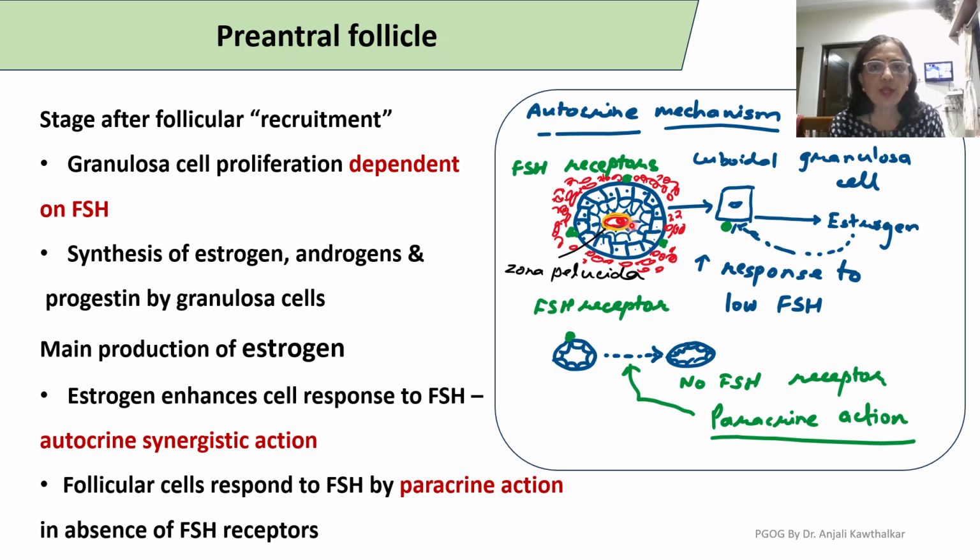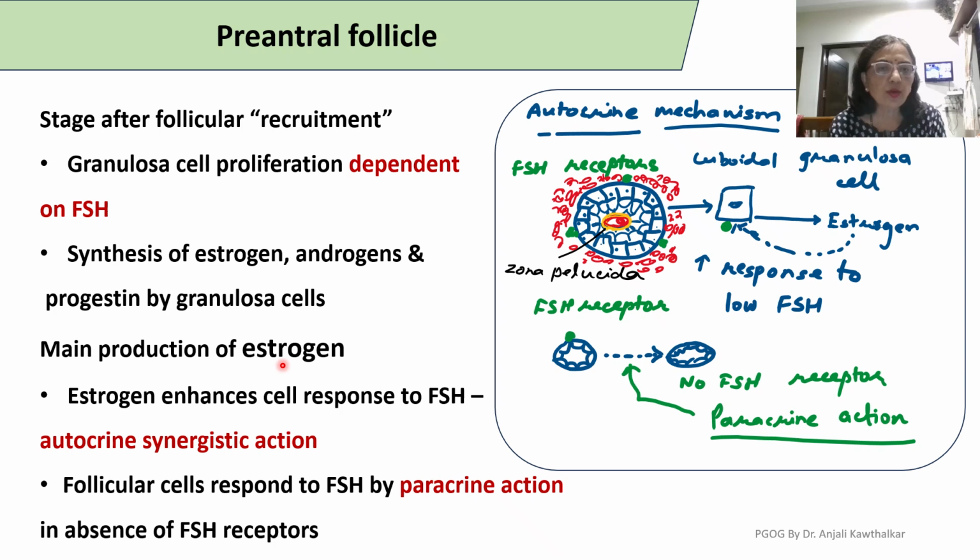Now, by this time, the zona pellucida surrounds the oocyte, so the size of the oocyte remains stationary from here onwards after the preantral follicle. There are FSH receptors present on the granulosa cells, and estrogen is the one mainly making the FSH receptor number increase and the granulosa cell more sensitive to FSH.